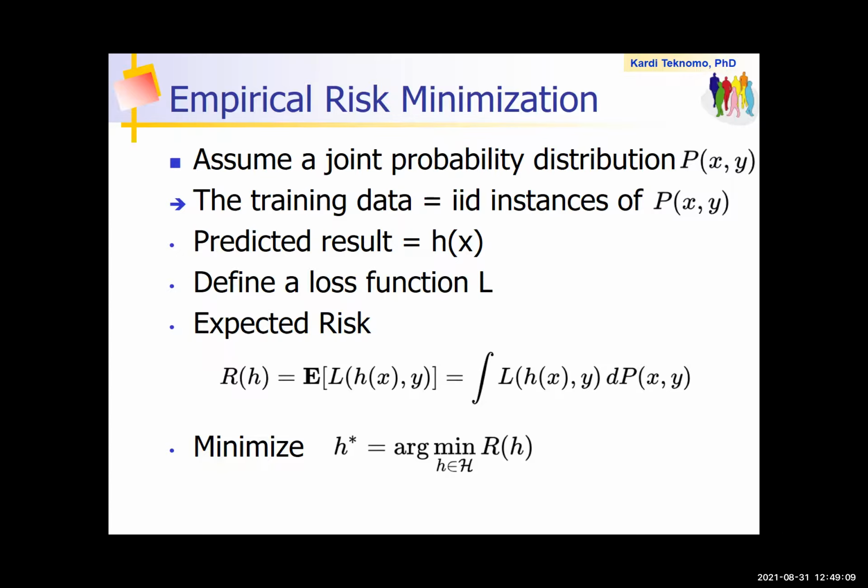In the next slide, I will show you one of the possible loss functions. Then you can calculate the expected risk using this formula: loss function times the probability distribution itself. Of course, your goal is to minimize the risk. You want to minimize the risk.